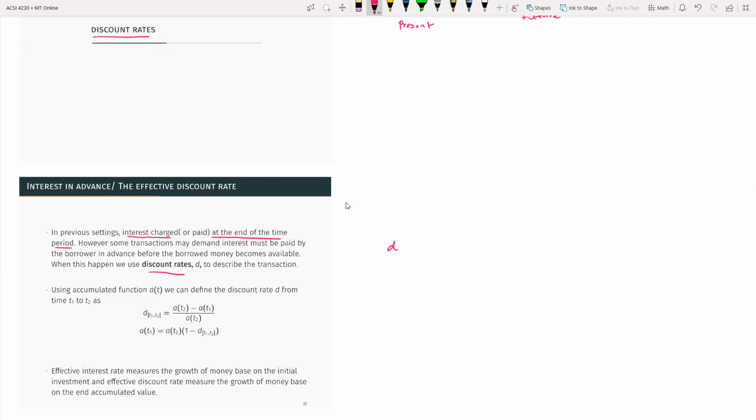The discount rate in the time interval T1 to T2 is defined as the accumulation function value at time T2 minus the accumulation function at T1, over A(T2). So this may not be clear. Let's multiply and see what that means. When you multiply this, you get A(T2) times the discount rate for that time interval.